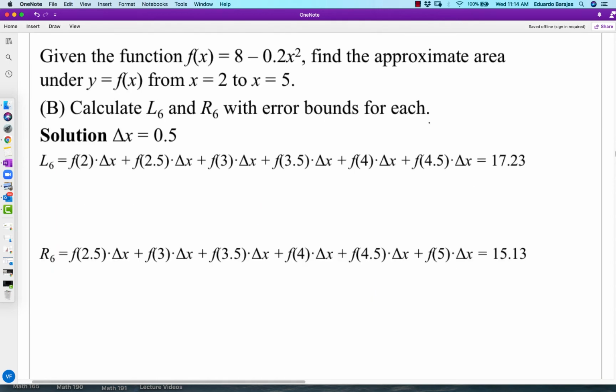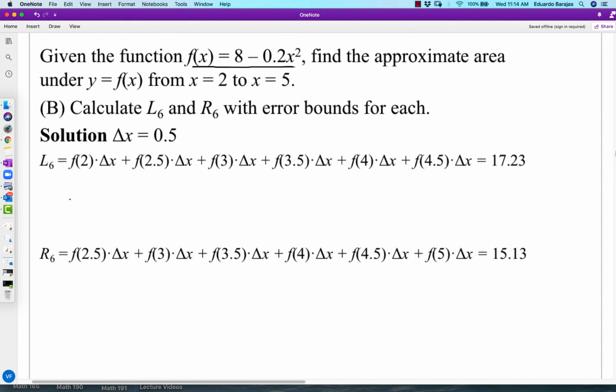Okay, so now we can actually calculate it. Using the left-hand rule, we wanted to create these rectangles. If we multiply the base, which we established to be 0.5, times the height of that first rectangle, which was f of 2, that product will give us the area of the first rectangle. This product will give me the area of the second, the third, the fourth, the fifth, all the way down. So for f of 2, to get an actual number, we follow our function, which is described right up here.